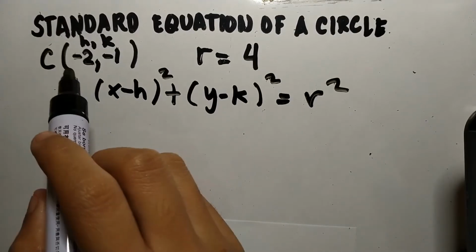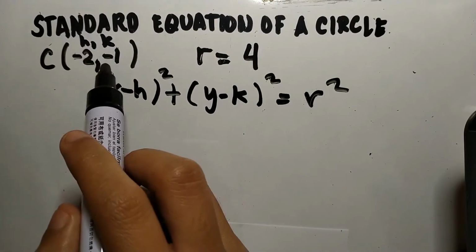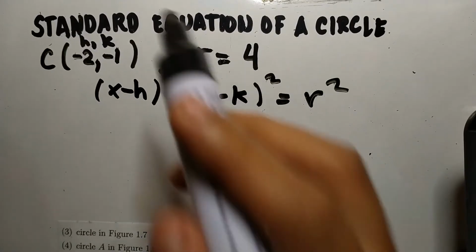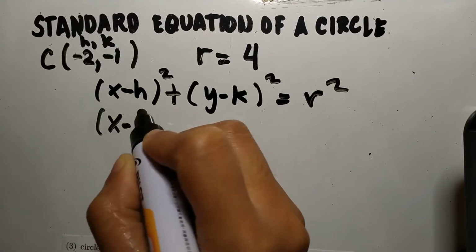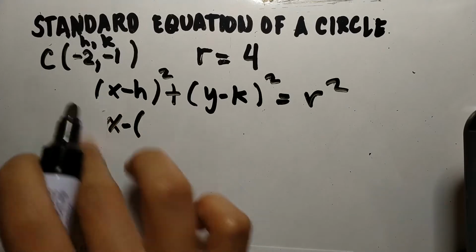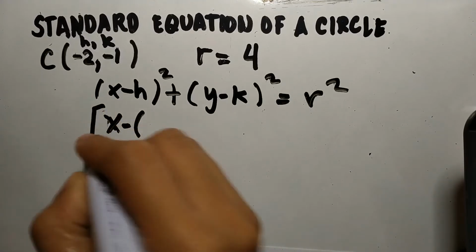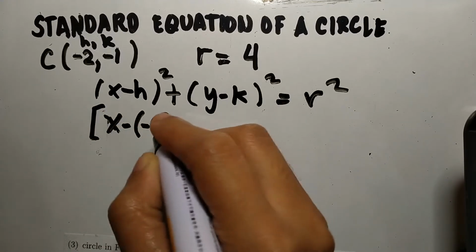Then replace h and k with negative 2 and negative 1, and replace r with 4. x minus negative 2.